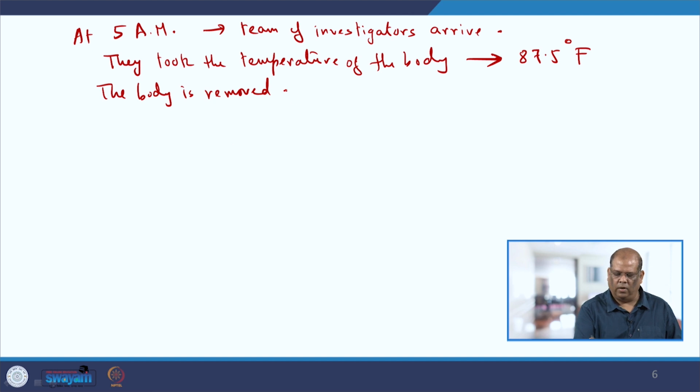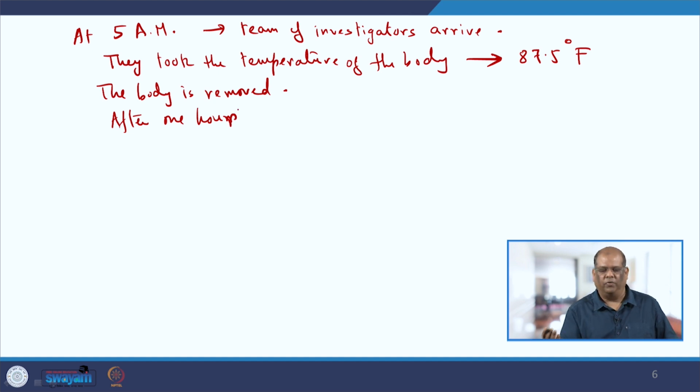and after 1 hour, when the body is to be shifted somewhere, they again took the temperature and it is 80.4 degree Fahrenheit.